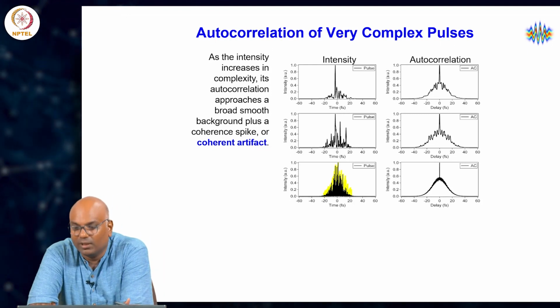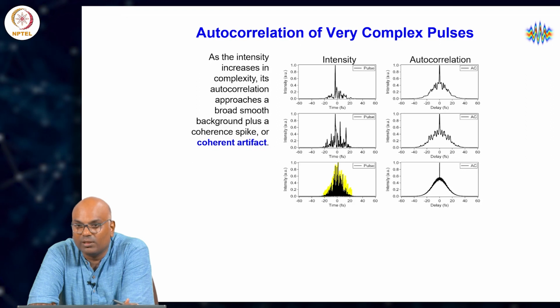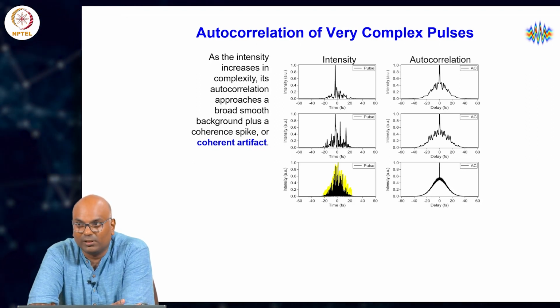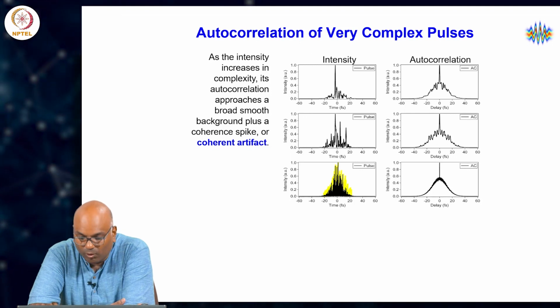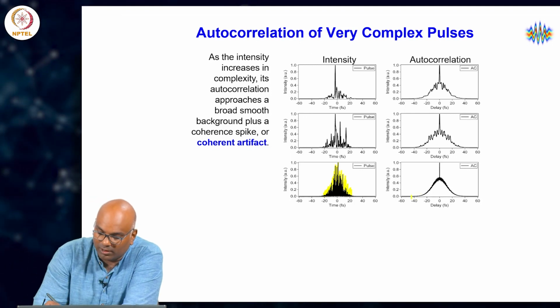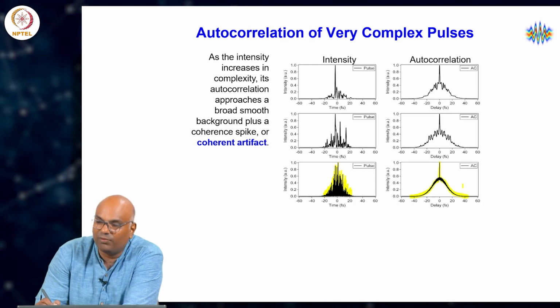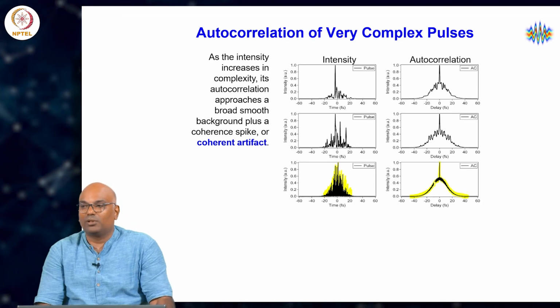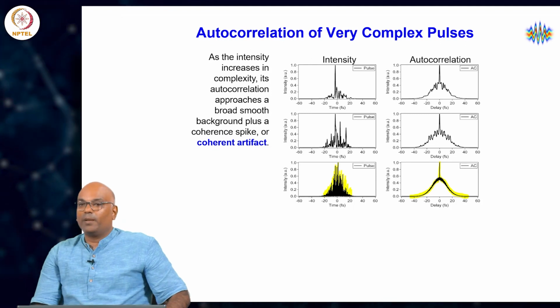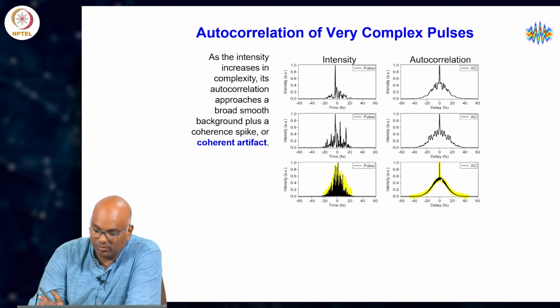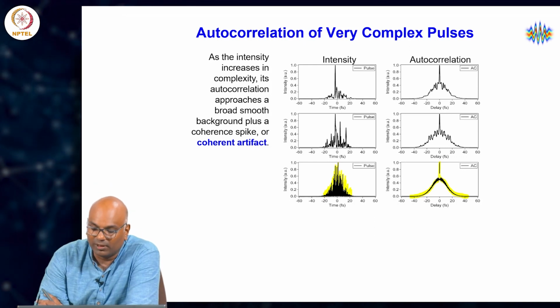I'm only talking about the intensity profile. High frequency is associated with noise typically. It's a very noisy pulse, but look at its autocorrelation. It masks the fact that the pulse was so spiky and noisy. It gives it a smooth profile with a little feature on top of it.